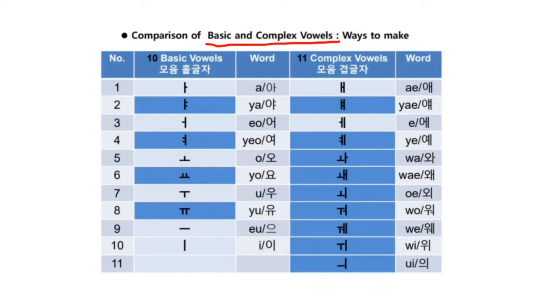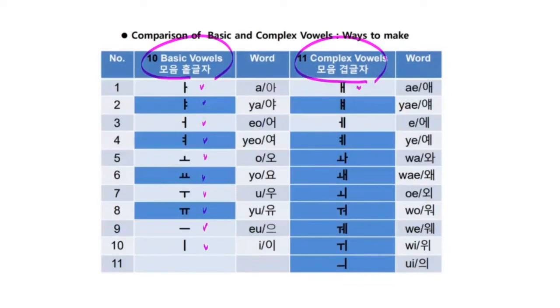Okay. Then, let's read basic and complex vowels that combined the basic characters like this. These are 10 basic vowels, and these are 11 complex vowels. Let's read together. A, ya, o, yo, o, you, u, i.